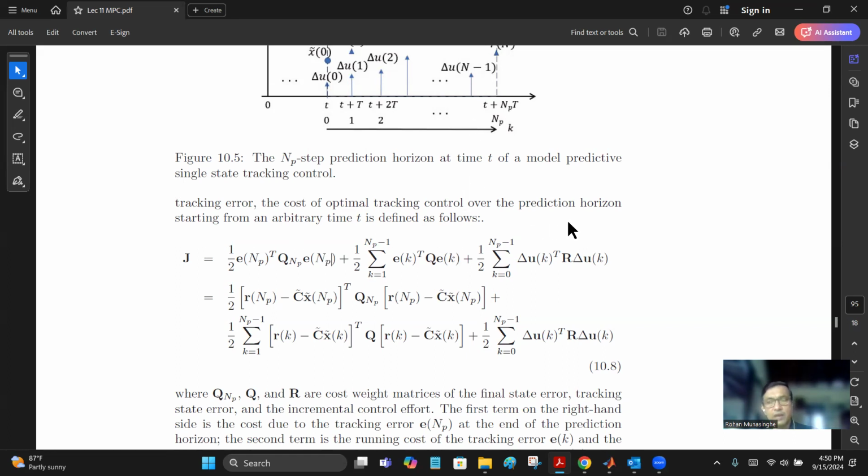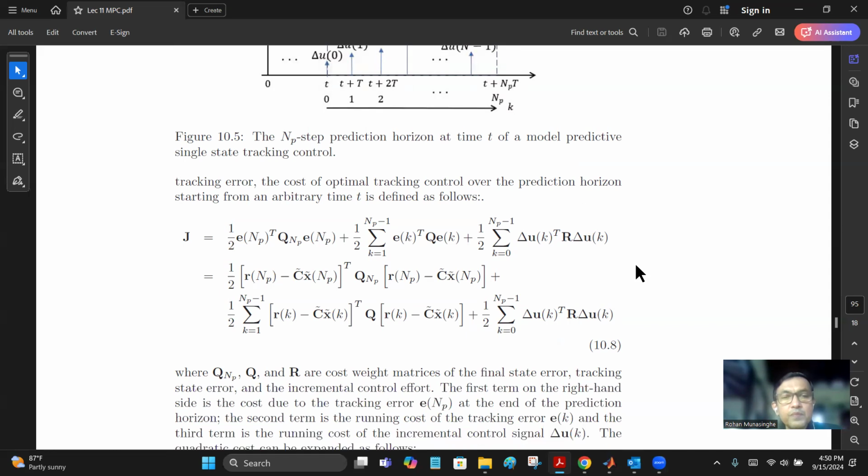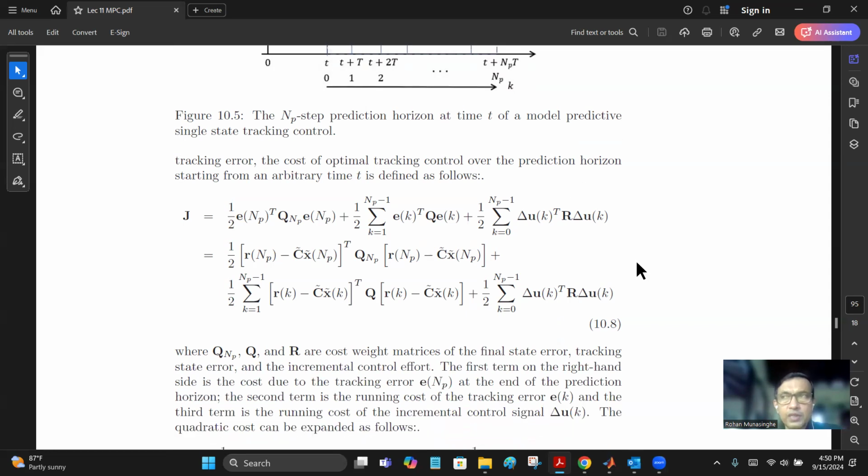This is the same thing that we did earlier, but now we redefine the objective function in terms of error and the differential control signal. So you can expect some reduction in the differential control and also in the error combined. This is what we call optimality.